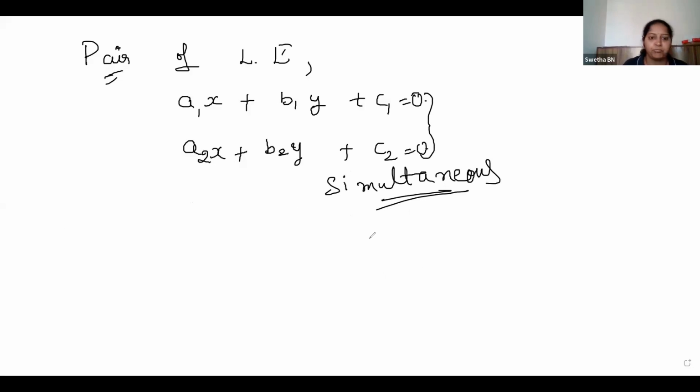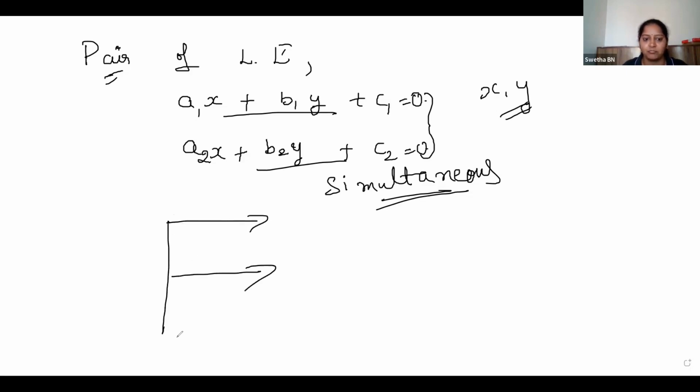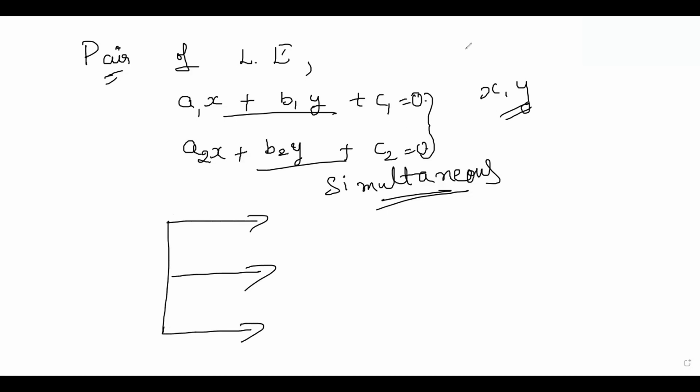If they give equations like this, you have to find the values of x and y here, right? So to find the solution of x and y, we have three methods. Sorry. Ma'am, actually only two methods. Yes, sorry, two methods.